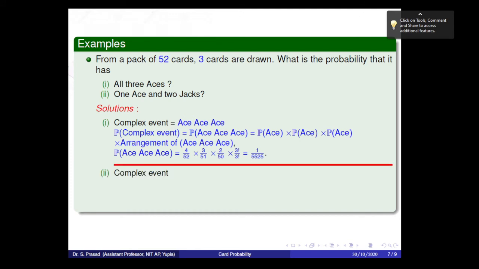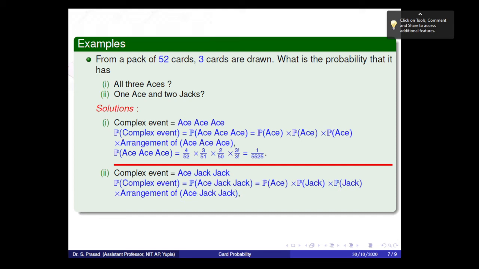Now the next one is one ace and two jacks. So the complex event is ace, jack, jack. The probability of the complex event is the probability of ace into the probability of jack into the probability of jack into the arrangement of jack, jack, ace.